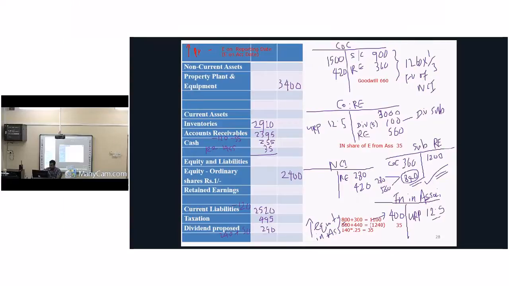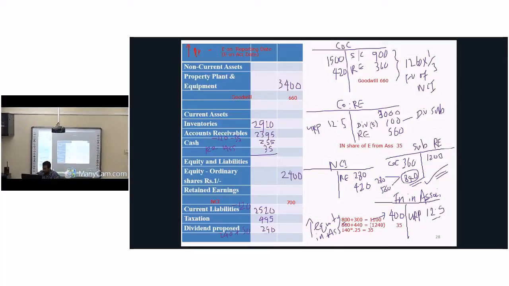I'll take goodwill here as 660. I can close now the NCI account. NCI balance is how much? 280 plus 420, 700.